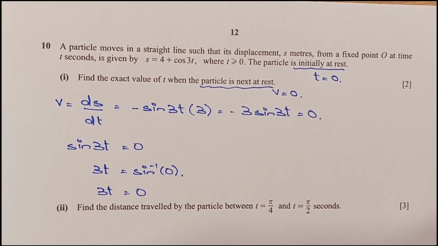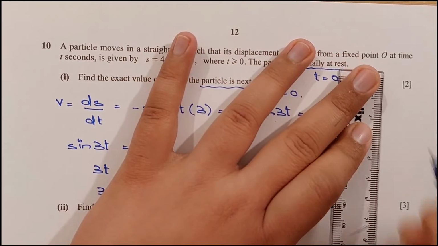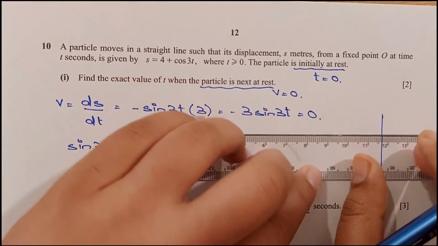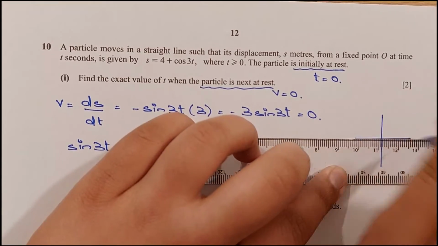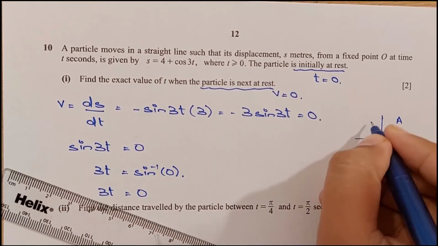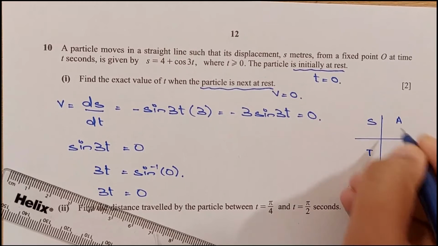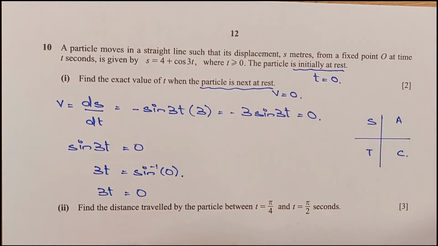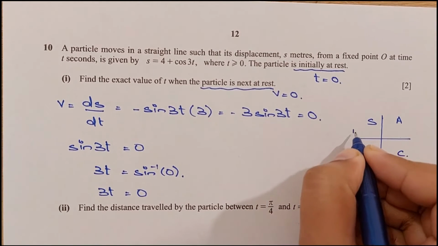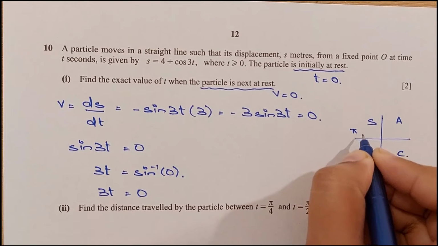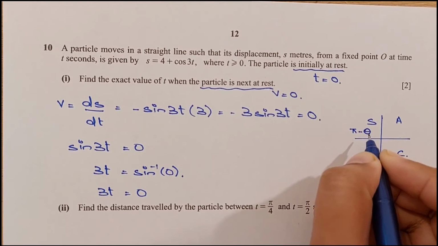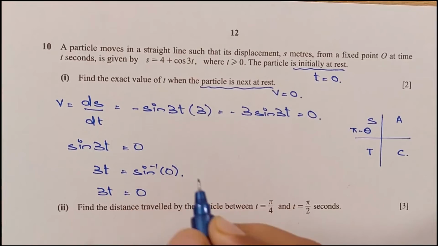And we know that sine is positive in the first and the second quadrant. Let me draw this, ASTC. So it is positive in the first and in the second quadrant. For the second quadrant, we have an operation that is pi minus theta, so we have two values for t.